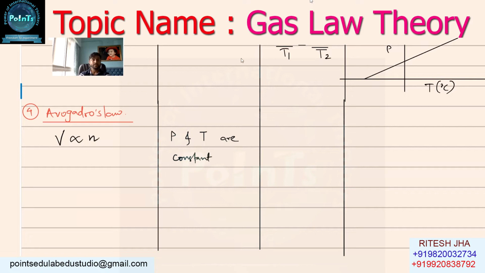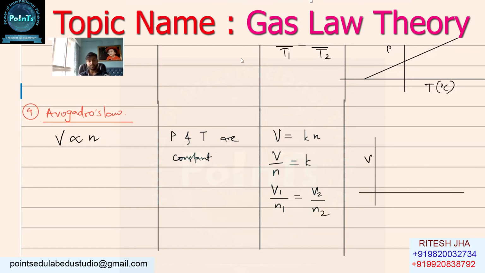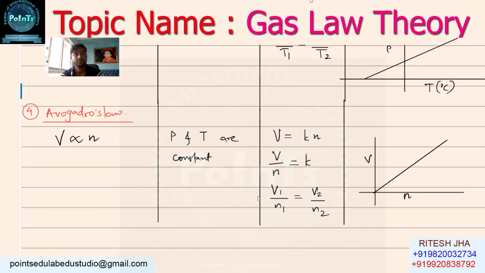So we can say V equals some constant times the number of moles, so V over N is a constant. So V1 over N1 is equal to V2 over N2. When you plot the graph of V versus N, you get a straight line like this. Anyone having any doubt anywhere, please ask.